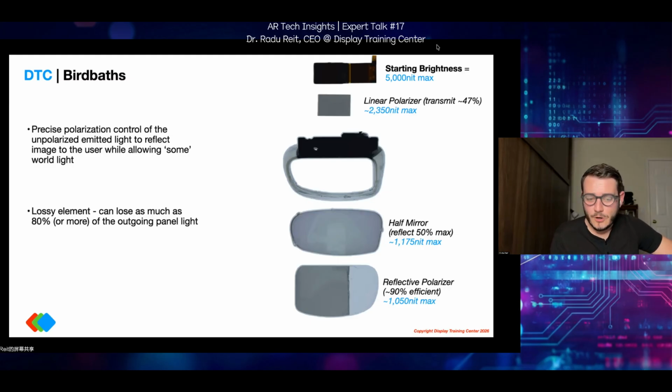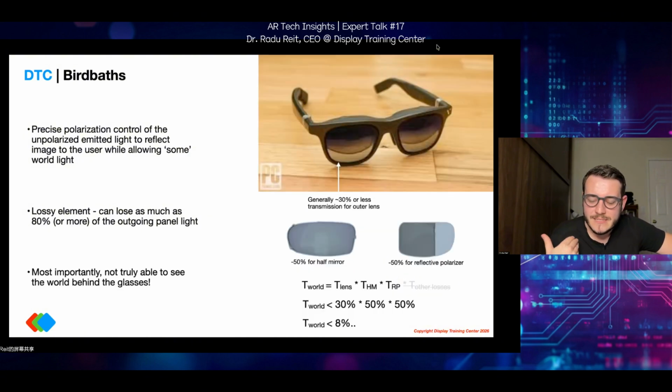So the birdbath optic is relatively lossy, maybe 20% or less of the light delivered to the user's eye, but it's also not really going to allow you to see the world, right? If we talk about AR glasses as allowing us to digitally overlay the information, you are actually not going to be able to do that with these glasses unless there's some sort of camera pass-through.